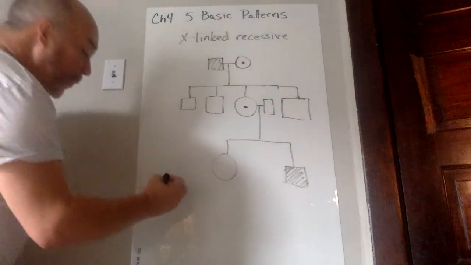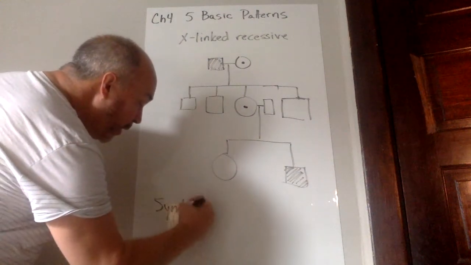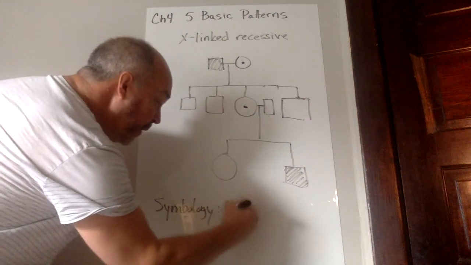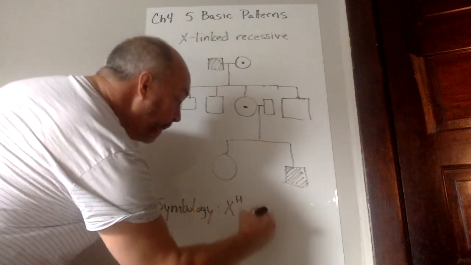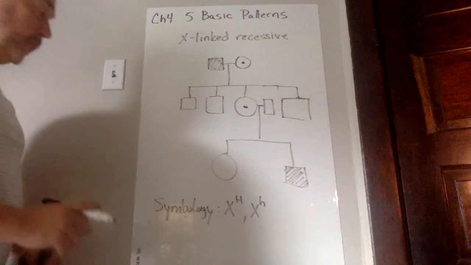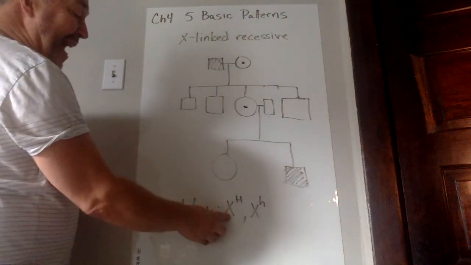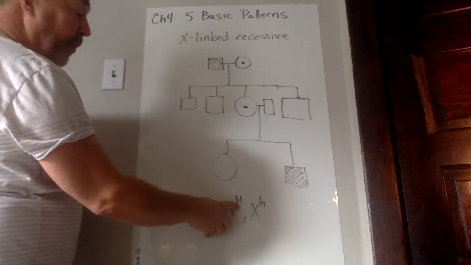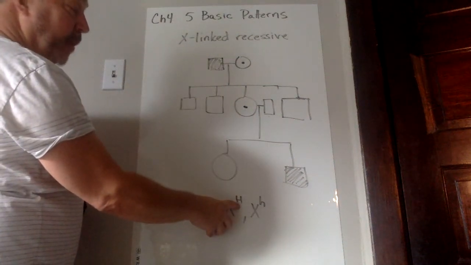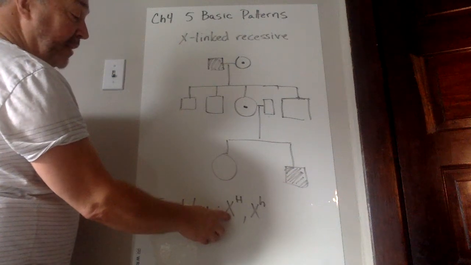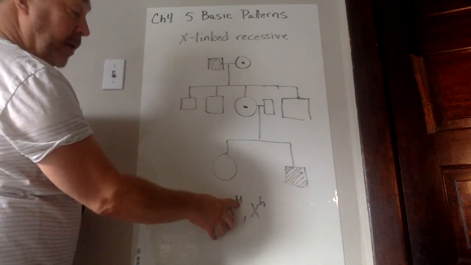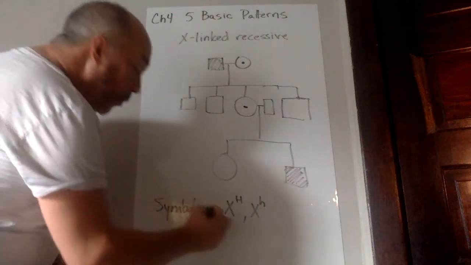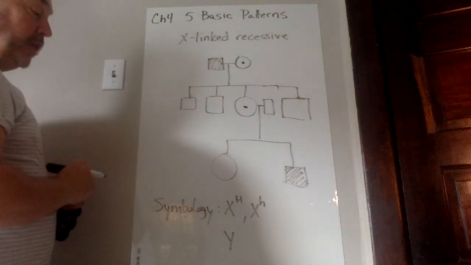In order to show that you are talking about a gene on the sex chromosomes, we will always use an X to denote that this gene is carried on a sex chromosome, the X-linked, and we will then superscript like we did for blood types. So this will be a way of showing that this is a sex-linked gene and it's dominant, uppercase letter, sex-linked gene, and recessive. We also know that males we will symbolically show as Y.